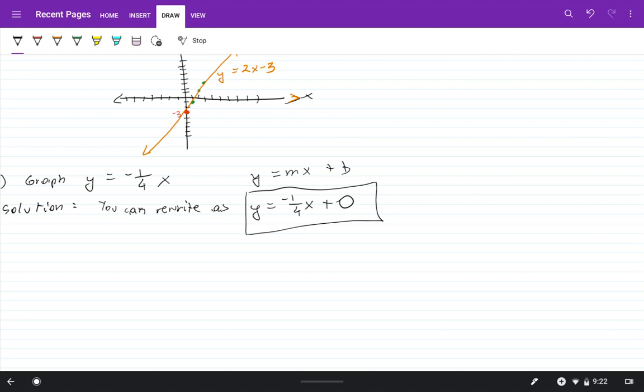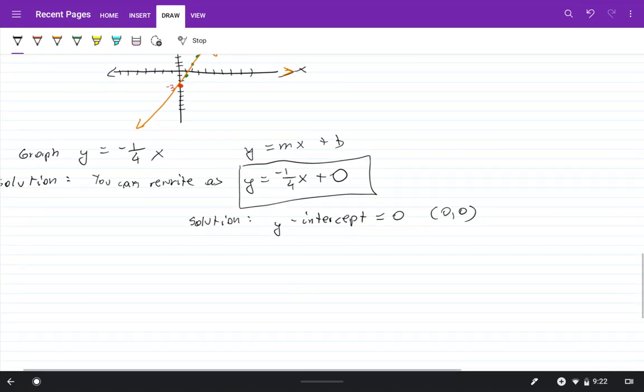So we quickly see the slope, but let's start with the y-intercept. The y-intercept is 0, which means the point at the origin, (0, 0). And the slope is equal to negative 1 over 4. Again, slope is rise over run.